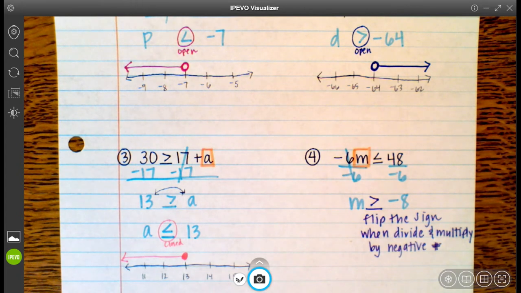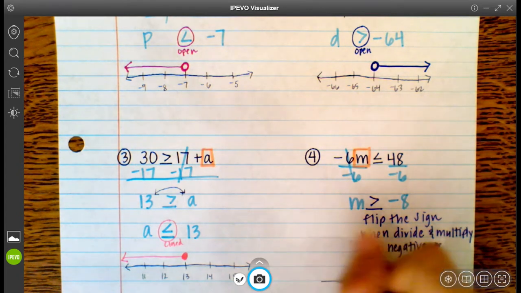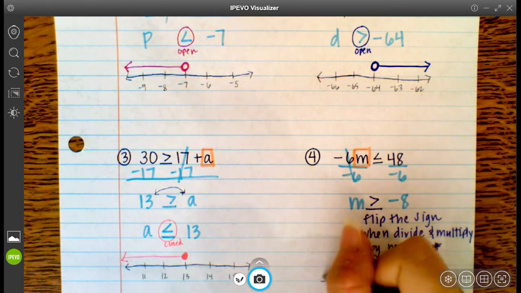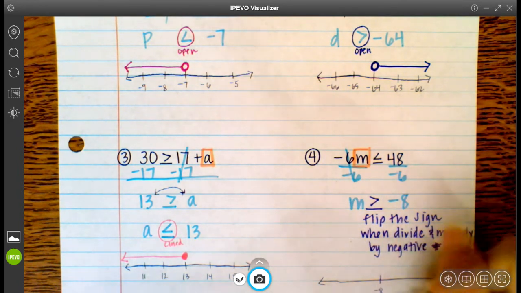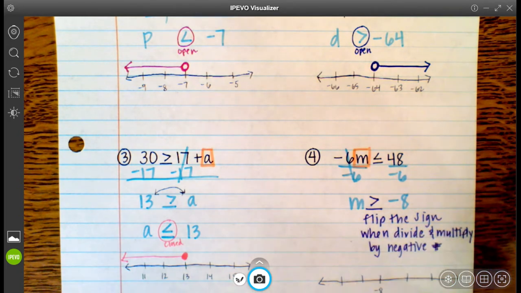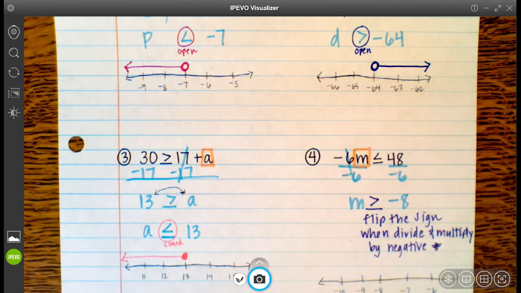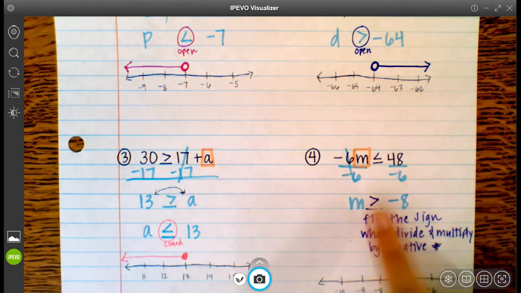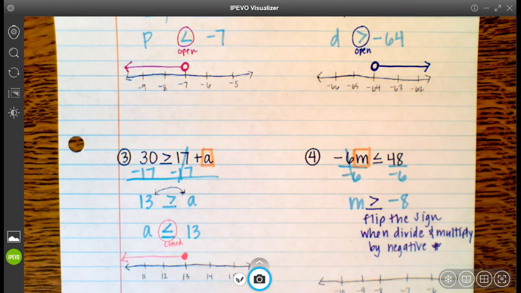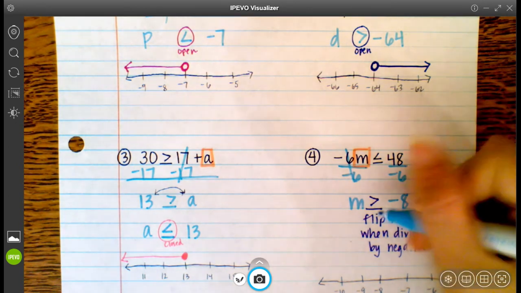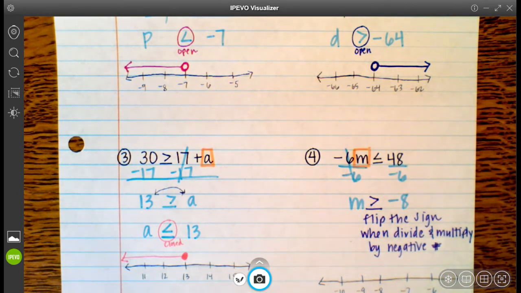Okay, so when we go to graph our inequality here, again, this is a very cautious step. To the right of -8 is -7 and -6. To the left is -9 and -10. We have the symbol of greater than or equal to, which means that we are going to be closed because of the equal portion.